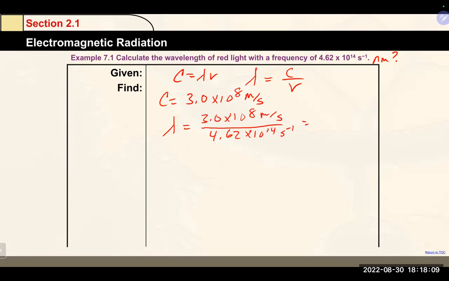So 3 to the 8 divided by 4.62 exponent button 14, going to give you something like 6.49 times 10 to the minus 7. The units here are going to be meters, as the seconds will cancel each other out. We end up with meters at that point. Any questions up to that point?